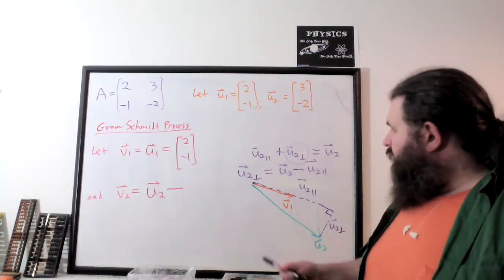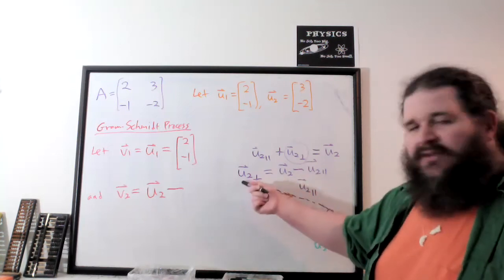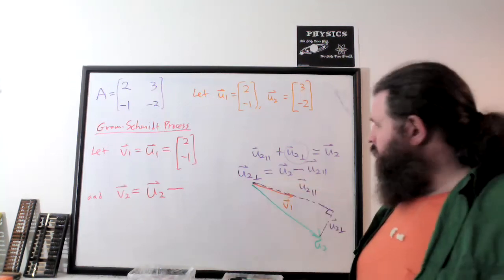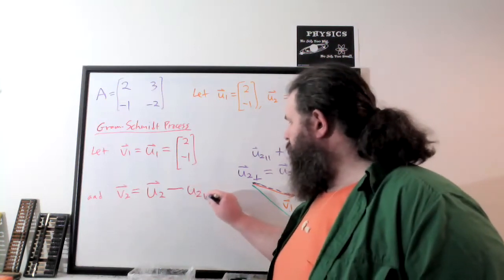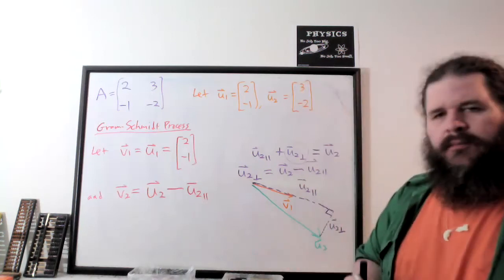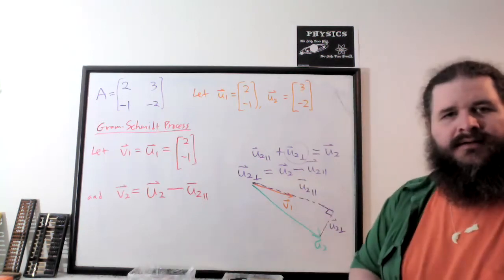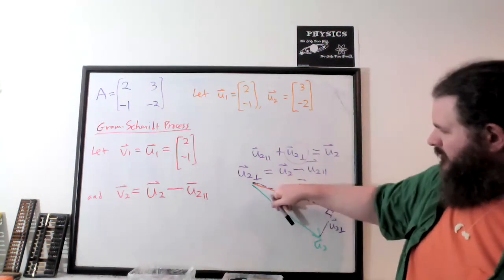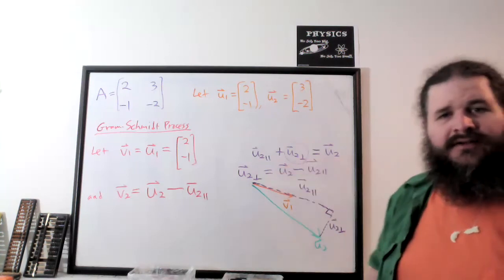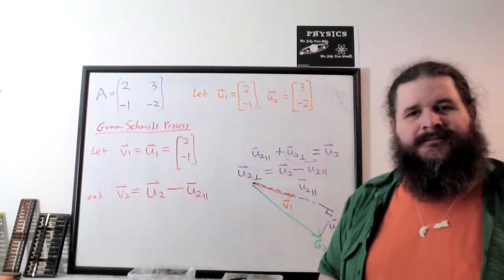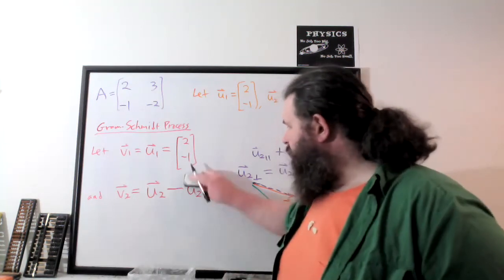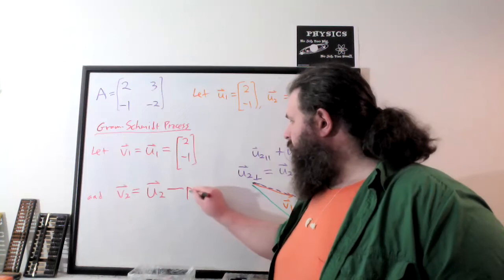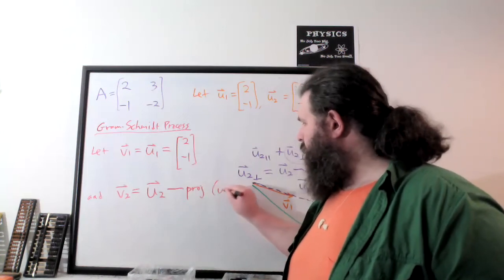So we can write V2 as U2, because V2 is the perpendicular component we seek. We take U2 and we subtract U2 parallel. But what do we call the parallel component? What do we call it if you take a vector and flatten it onto the direction of another vector? The projection. Specifically, the projection of U2 onto the V1 direction.